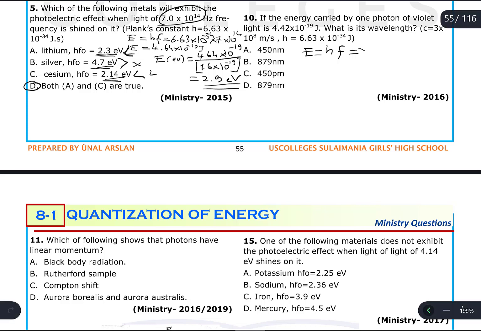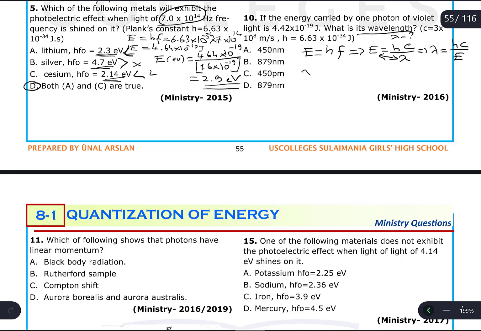So instead of f, we write hc divided by lambda. Because lambda is the question, I cross-multiply, and the equation is lambda equals hc over the energy of a single photon.